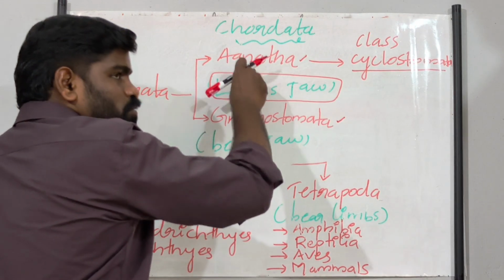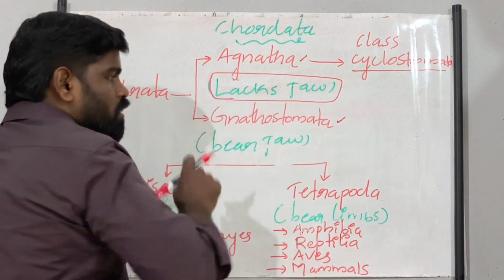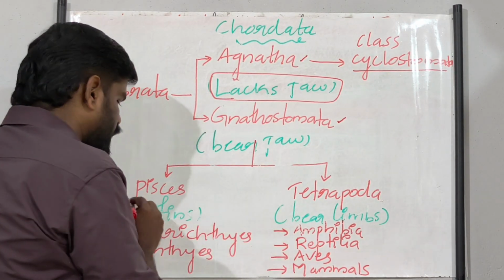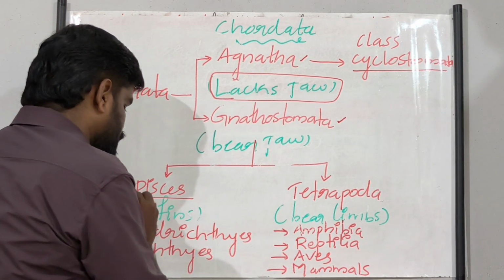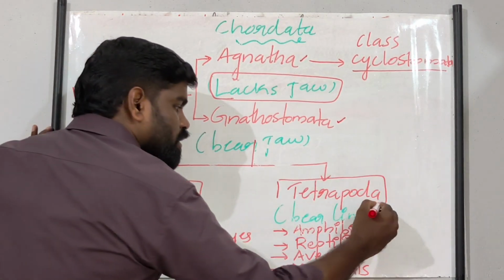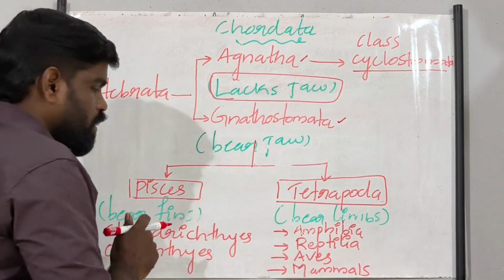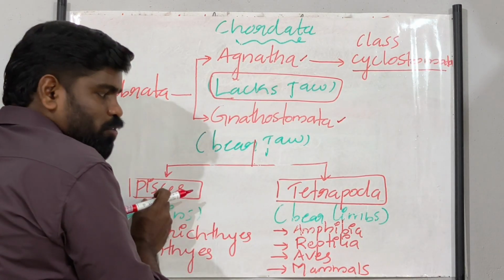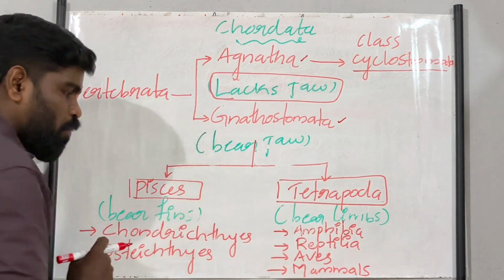So here the jaws are absent, here they are present. Gnathostomata is again categorized into Pisces and Tetrapoda.